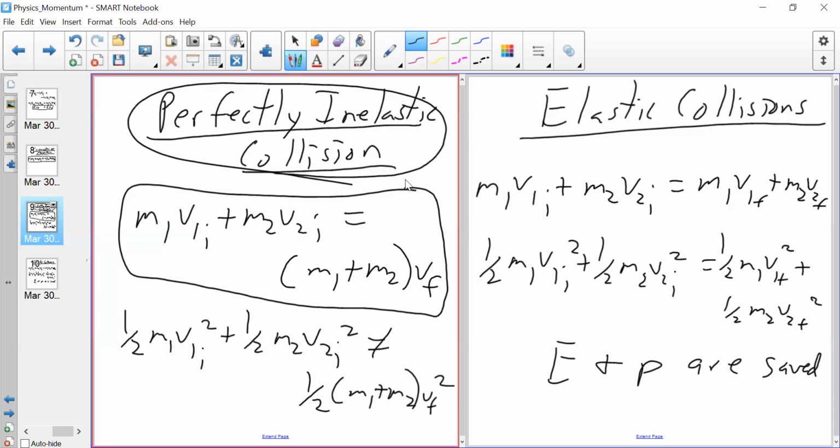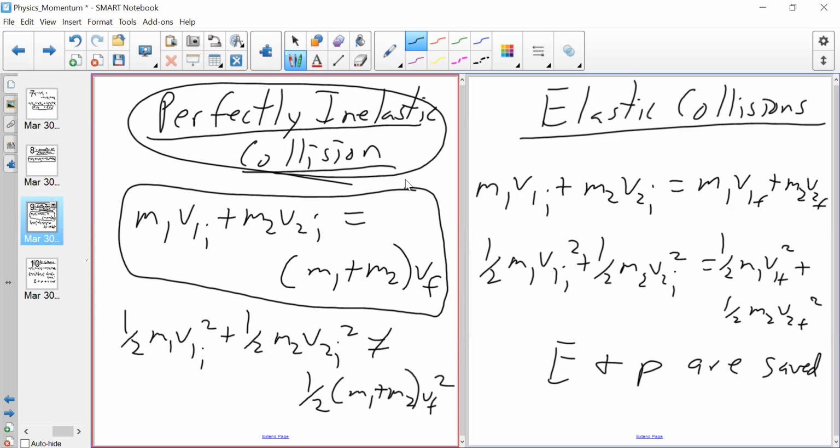So for the most part, we just take the realistic situation in the world, which is inelastic collisions, and treat them as elastic because for the most part they are elastic. So let me amend that. In the real world, we have perfectly inelastic collisions. We can see that all the time in car crashes.